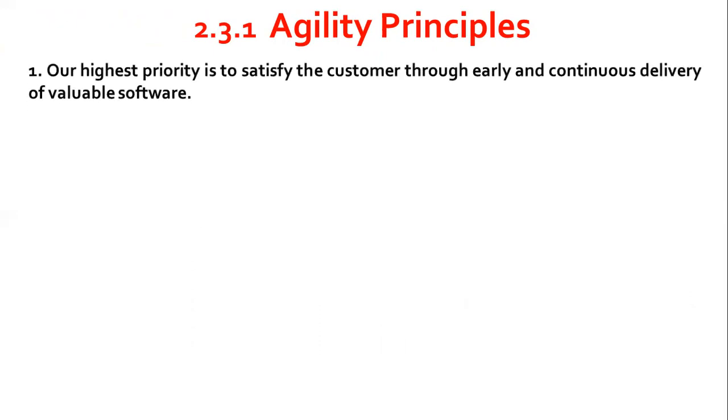Now, let us see some of the Agility principles, for those who want to achieve Agility. The first one is, our highest priority is to satisfy the customers through early and continuous delivery of valuable software.